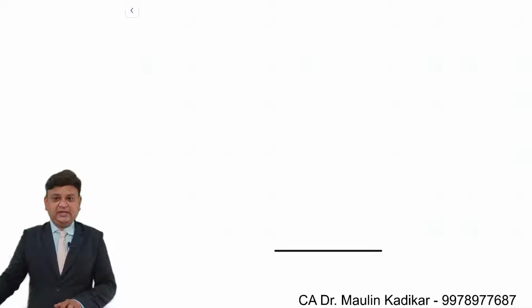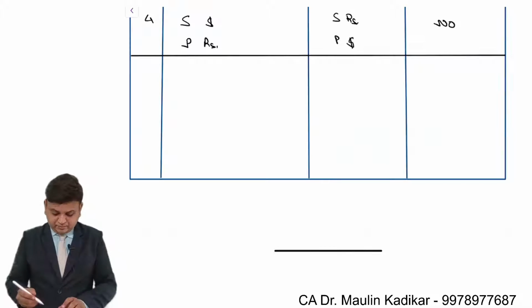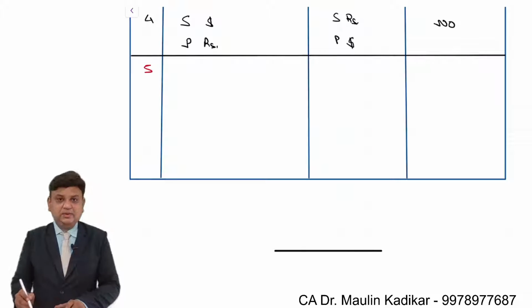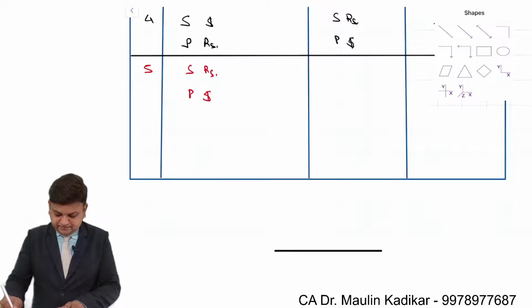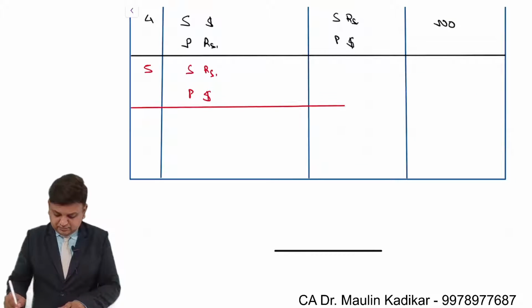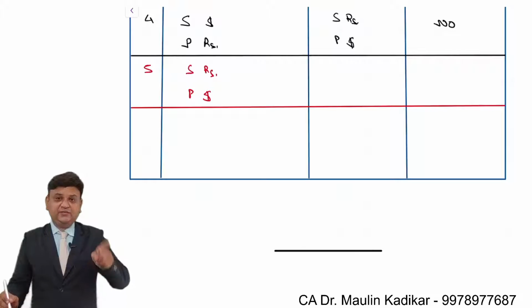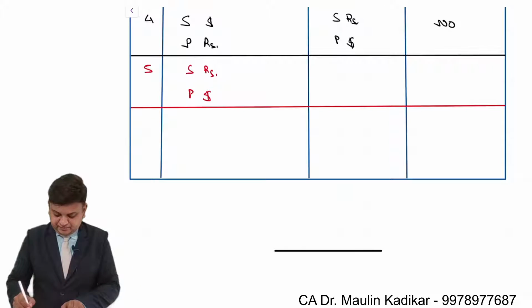So we understand that the transaction from customer point of view is sell of rupees and purchase of dollar. Transaction from bank point of view, it is sell of dollar and purchase of rupees.